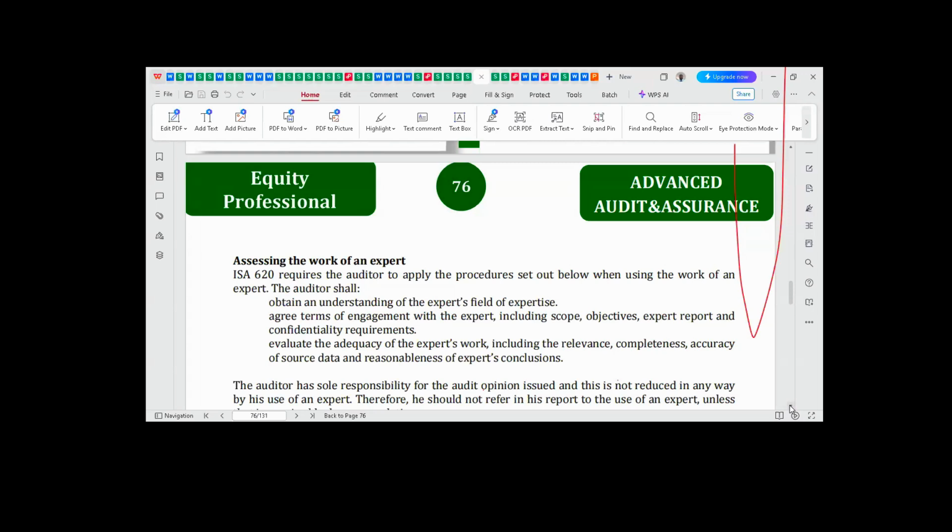They will need to agree on the terms of engagement with the expert, including the scope: which area, to what extent, what he wants to achieve, the objective, and the expert report. And at the end of the day, the expert should also sign a non-disclosure agreement. He is not going to divulge any information he obtained from this engagement to anybody.